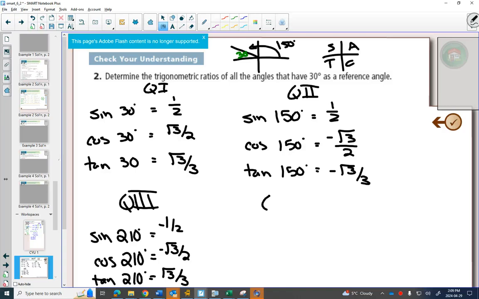And finally, in quadrant 4, what angle in quadrant 4 has a reference angle of 30 degrees? 330 degrees.